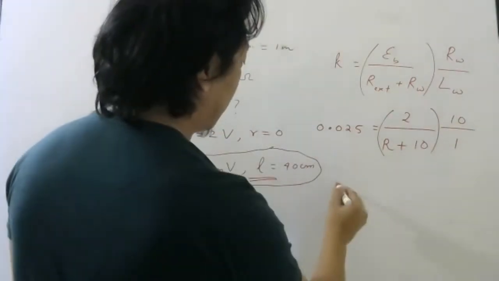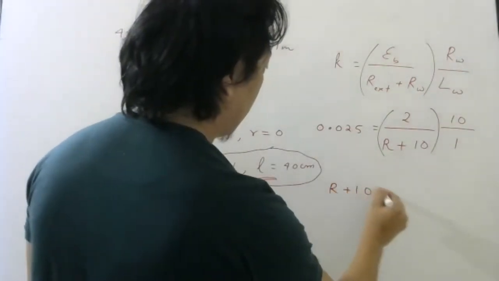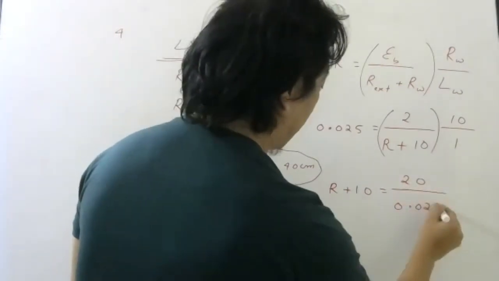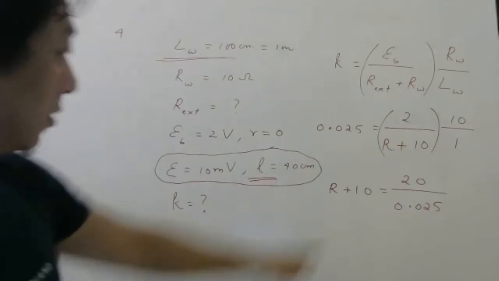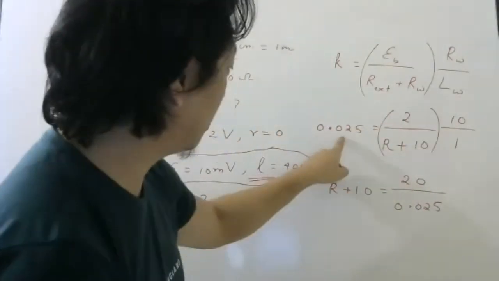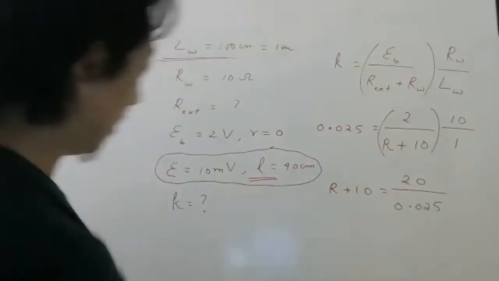So if you cross multiply, R plus 10 will be 20 divided by 0.025. Cross multiply: R plus 10 will come here, 2 into 10 is 20, and 0.025 will come downstairs.